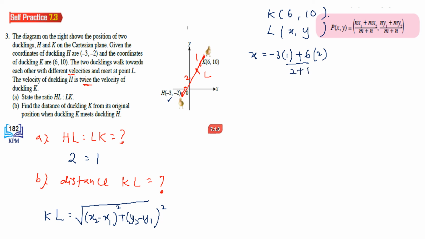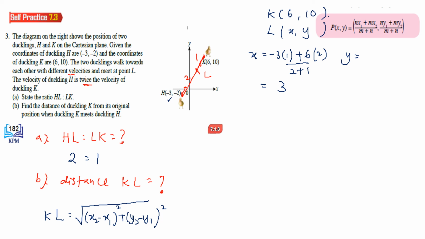So from here we get the coordinate of x. The answer will be 12 minus 3, which is 9 over 3, we get 3.